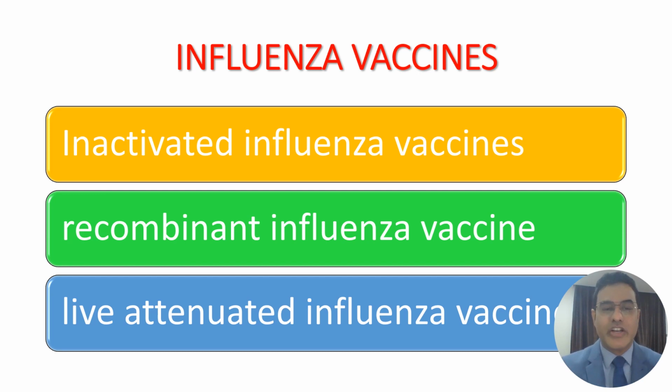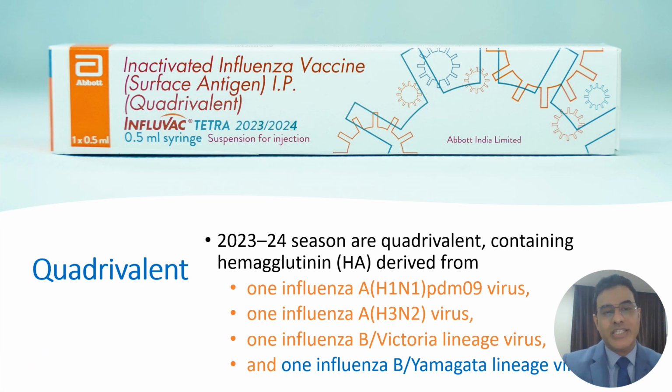The types of vaccines that are available nowadays in 2023 are inactivated influenza vaccines, recombinant influenza vaccines, and live attenuated influenza vaccines. I'm not branding anything. This is the common thing, the quadrivalent vaccines that are available. Previously, we used to have trivalent vaccines.